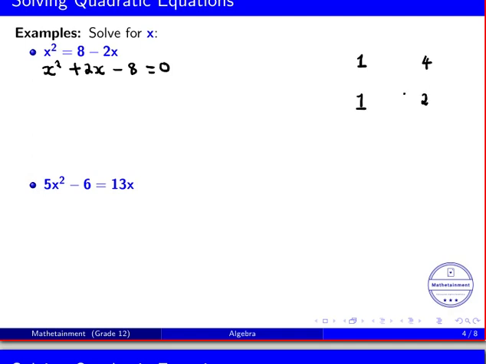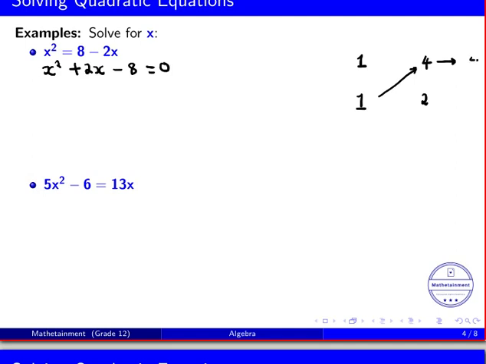But remember, it's a trial and error method. You could try 1 and 8 and confirm that it doesn't work, and then change your combination and make 4 and 2. The reason why I'm just using 4 and 2 right away is because I'm getting better at this, since I saw it in our previous lesson.